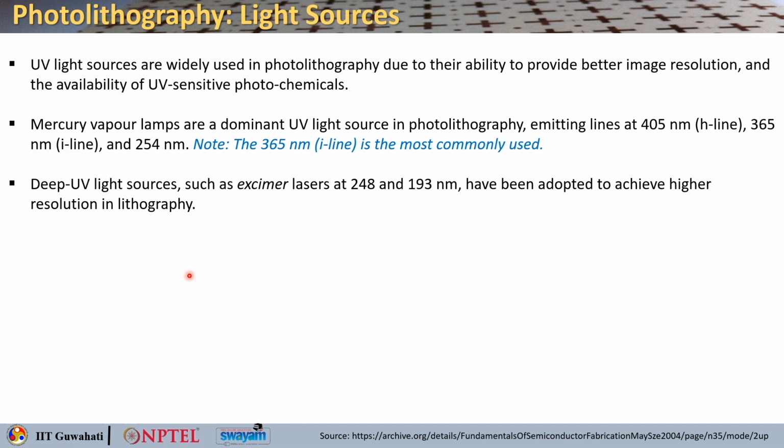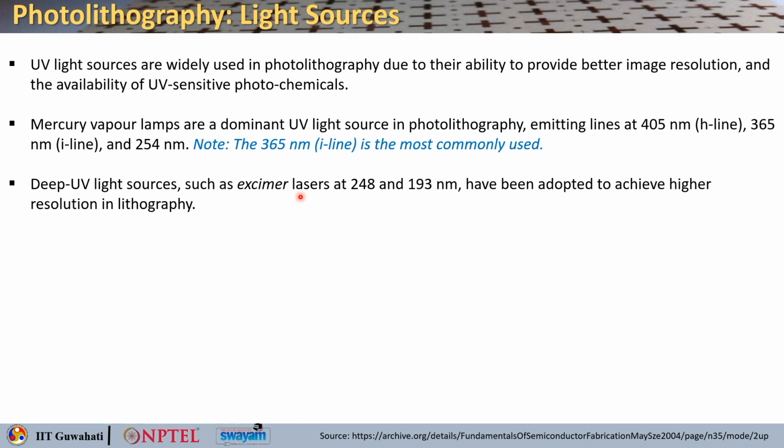Now, there are deep UV light sources such as excimer lasers that operate at 248 and 193 nanometer. These have been adopted to achieve higher resolution in lithography. An excimer laser is short for excited dimer laser. It is a type of laser that generates intense UV light via the use of excited dimers or molecules.